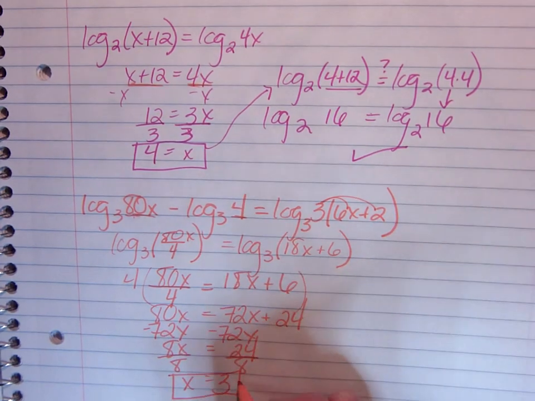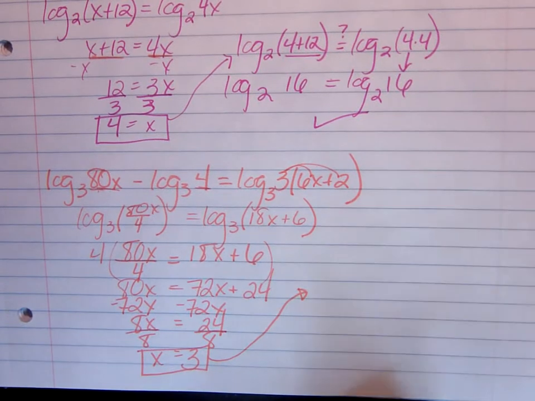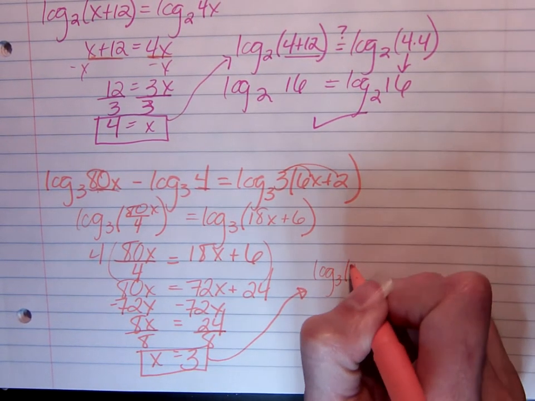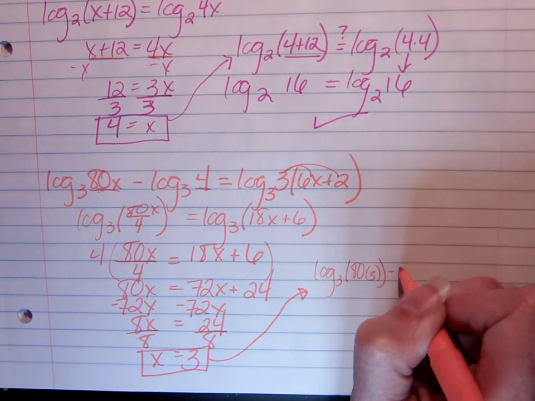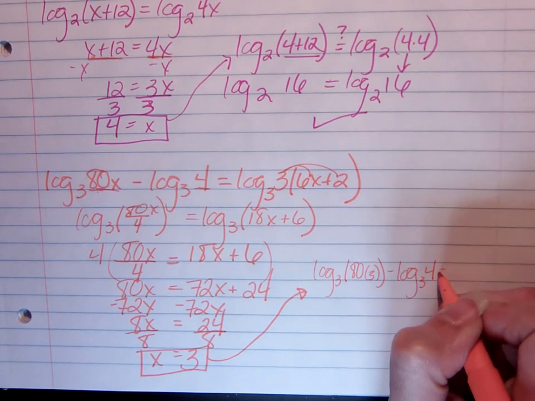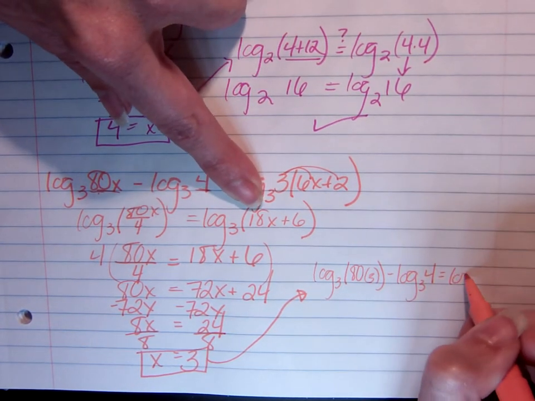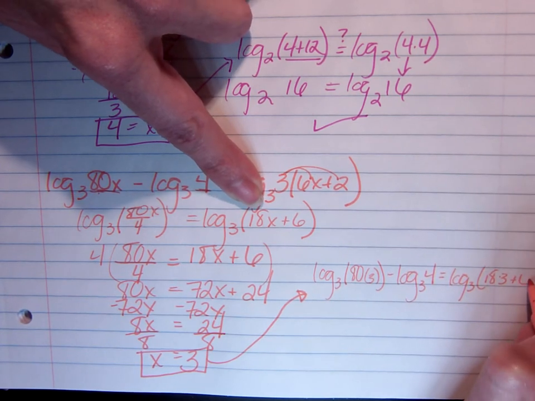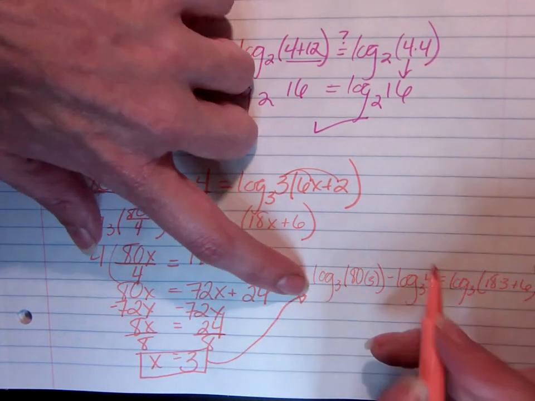We still want to check it in and make sure it makes sense in our context. So log base 3 of 80 times 3 minus log base 3 of 4, is that equal to, and I'm going to use our simplified version right here, log base 3 of 18 times 3 plus 6. Okay, again, we're going to combine down.